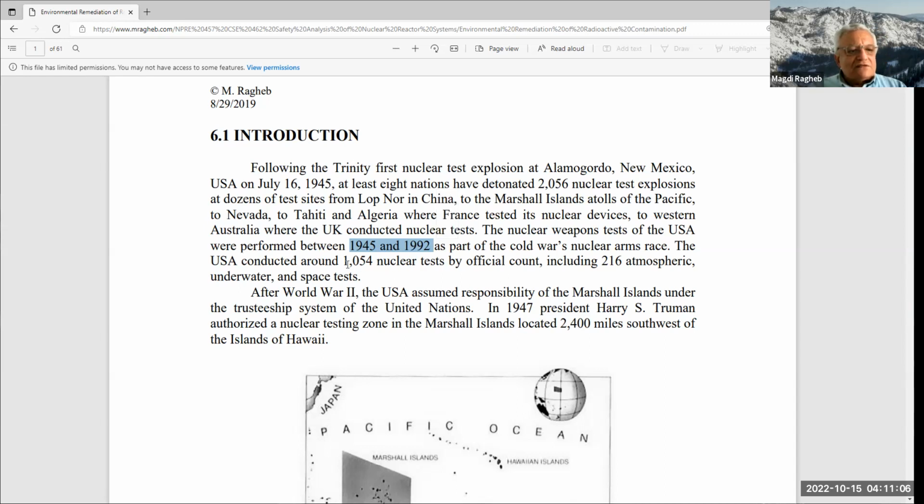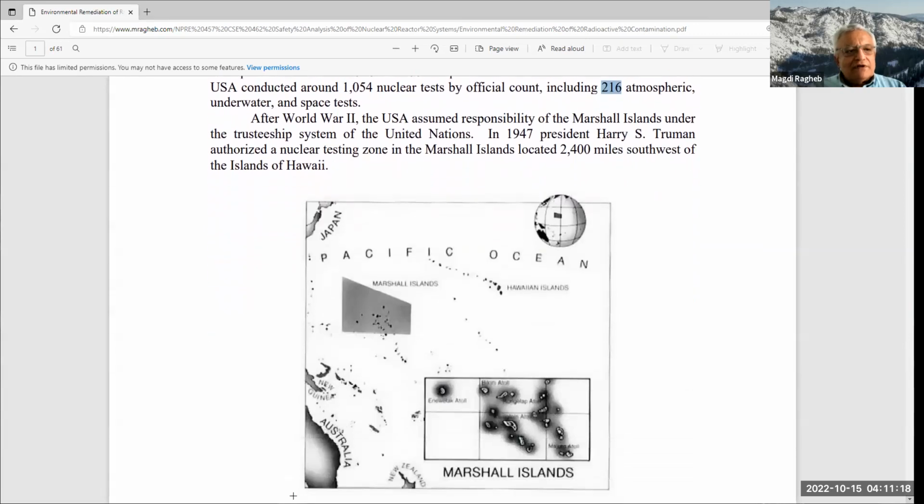The United States conducted about 1,054 nuclear tests by official count, including 216 that were up in the atmosphere. And unfortunately, that released to the atmosphere a large amount of those fission products, primarily the long-lived fission products we mentioned last time, strontium-90 and cesium-137.